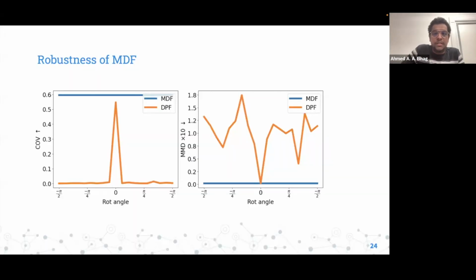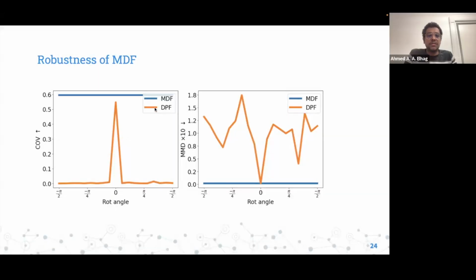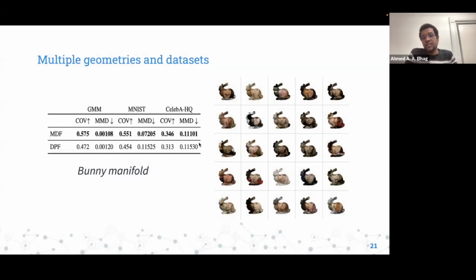So here's a plot where you train on 0 rotation, and then you test on all these degrees. MDF has a constant performance. The baseline is not set up for training on manifolds, but it has the same idea of training on functions.